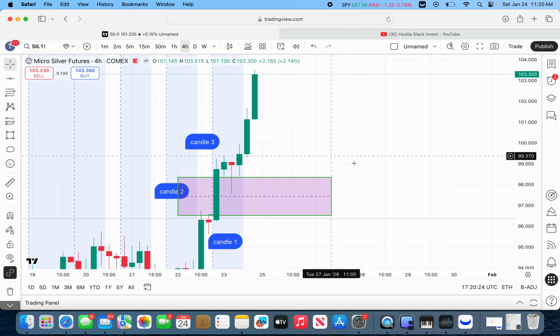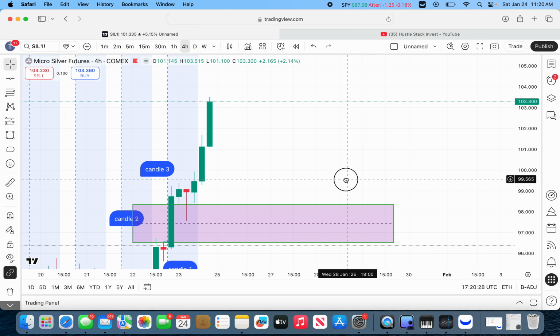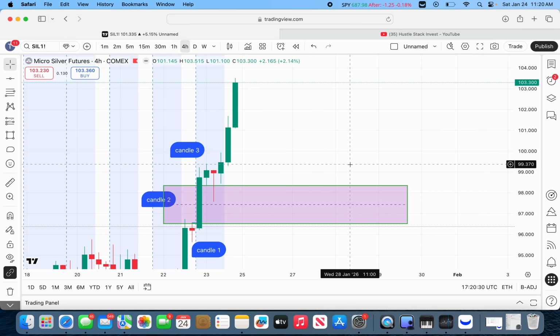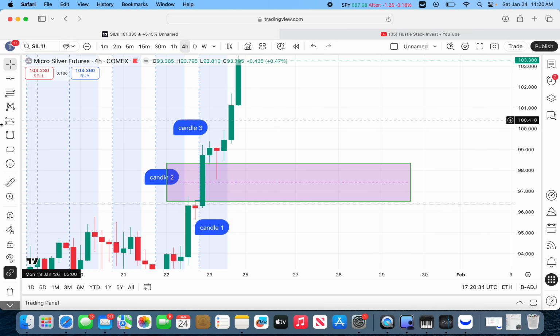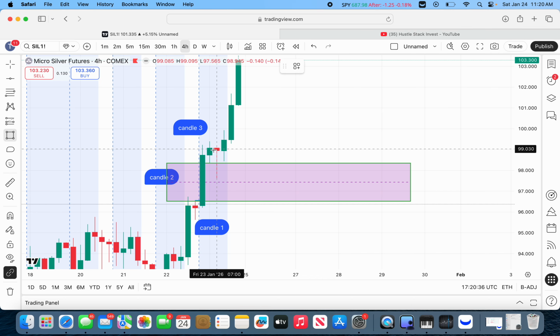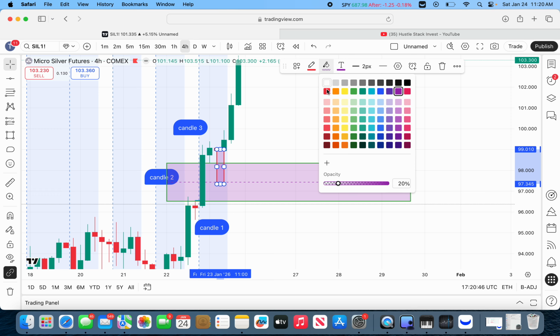Now, another thing we want to be on the lookout for is what makes it invalid. We don't want to look at this fair value gap if, when price decides to tap in, it closes inside that fair value gap. So now let's say this red candle decided to come into this fair value gap, but it closed just like this. Boom.